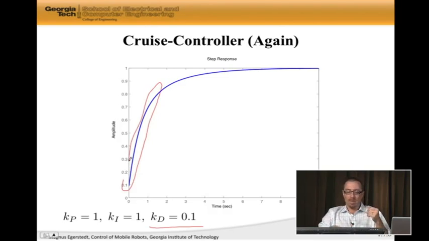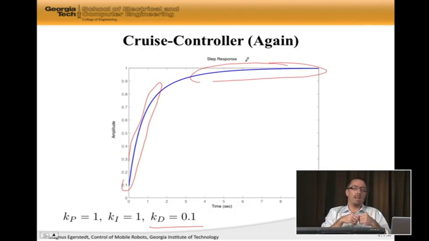But then we actually get almost a slower response towards the end. So the D part is there to drive it well up in the beginning, but then towards the end, in this particular application, having a D gain that's non-zero, it wasn't even clear if that was useful. But this is some of the thinking that goes into tweaking PID regulators.